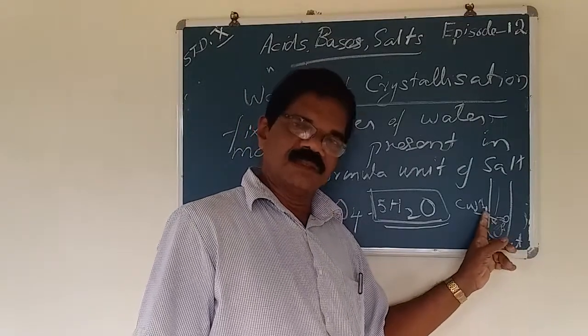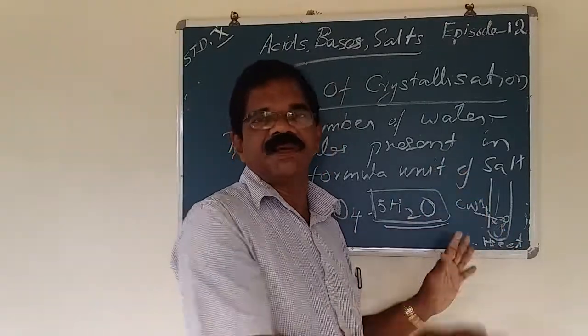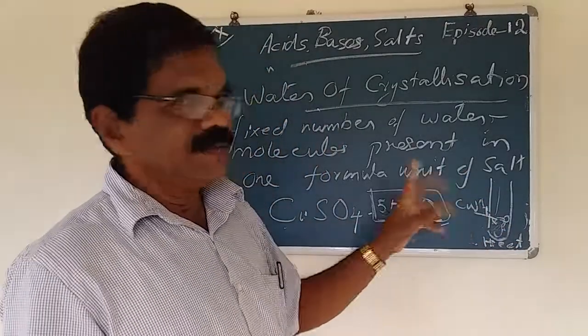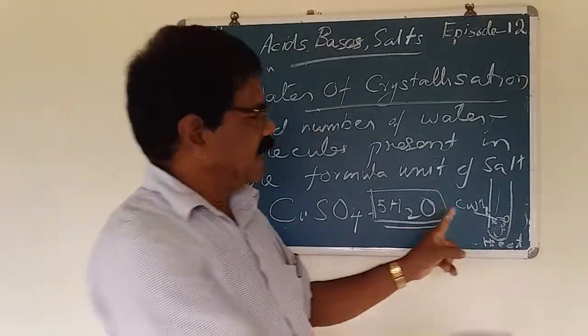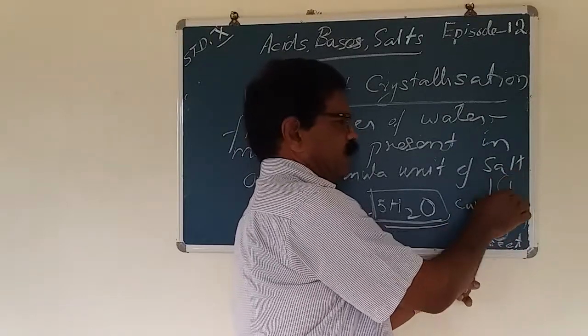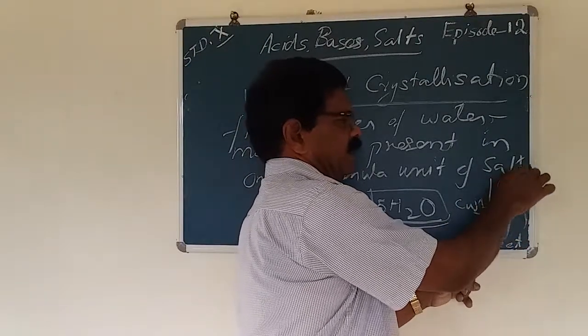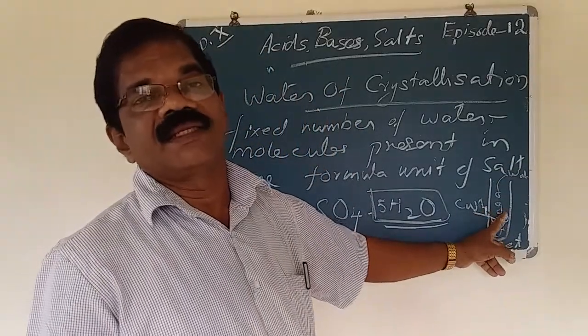When it loses its blue color, it changes to white, and the crystalline form changes to powdery. Then another question arises. What if we add 2 drops of water? What happens? It regains its blue color.